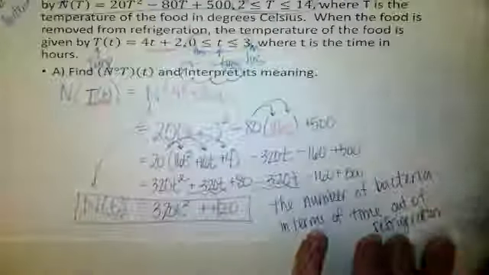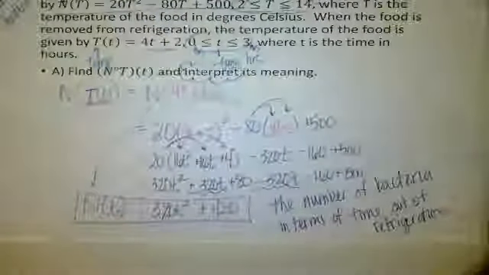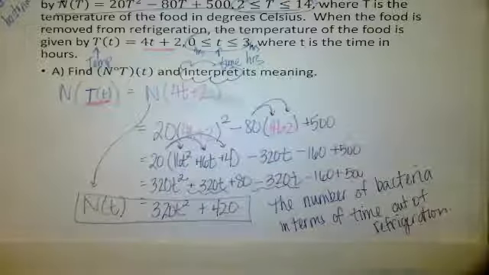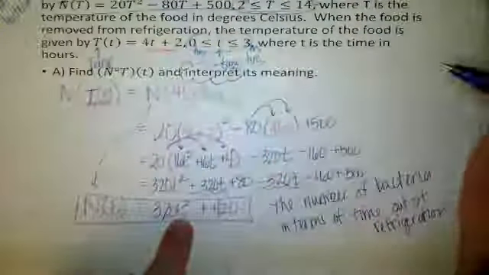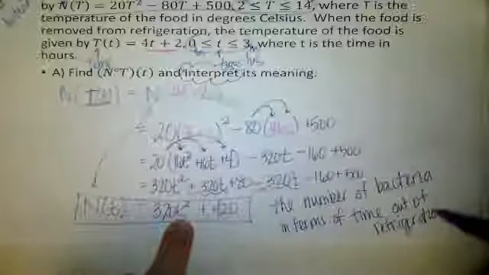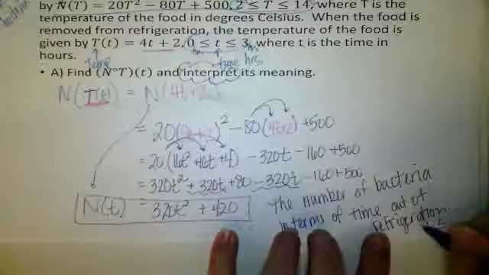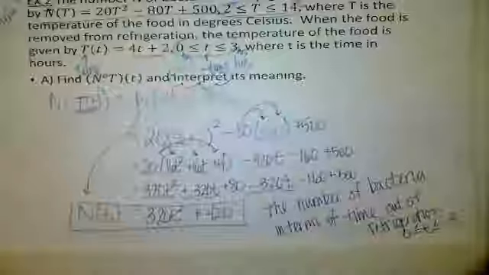Or how long it's been on the counter or whatever. Now, they told us that time had a limit. Yeah, between 0 and 3 hours. This only works when time is between 0 and 3 hours, and that's really important to understand.